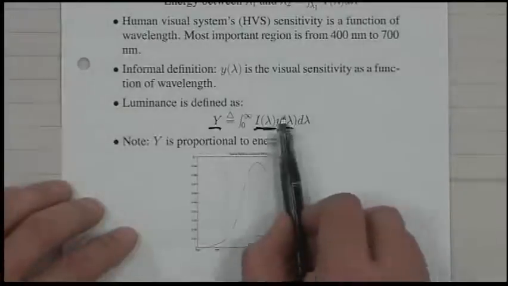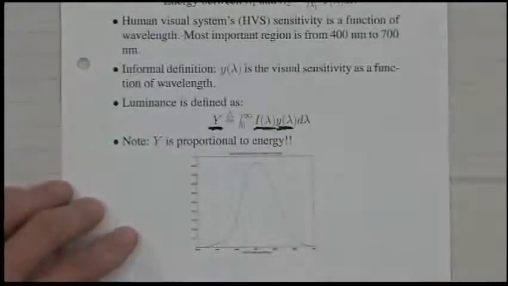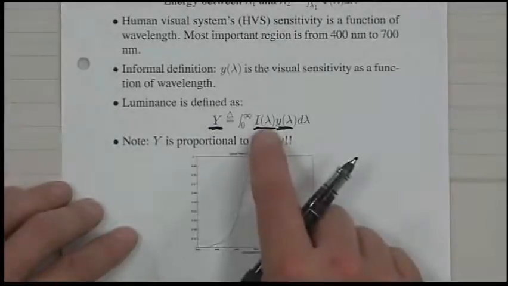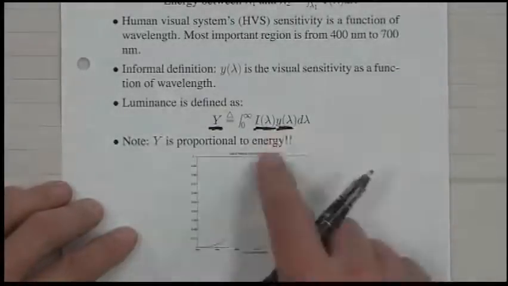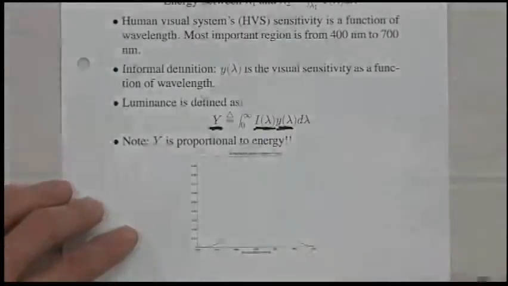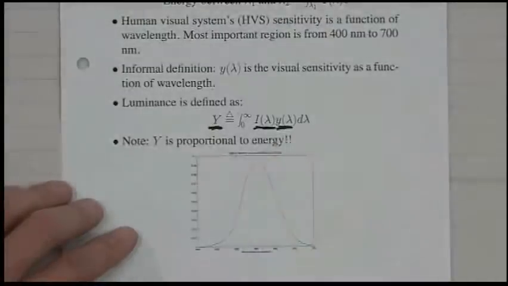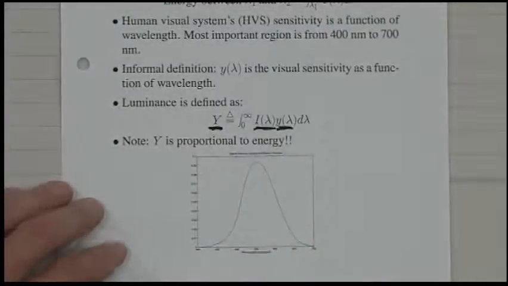You integrate that, and that's the brightness at each point, a single number between 0 and something. It has to be positive, because the light field is positive and this response curve is positive. Later on we'll figure out how to actually come up with this function. There are definitely lots of issues here, but at least there are standard definitions for how to arrive at that function.